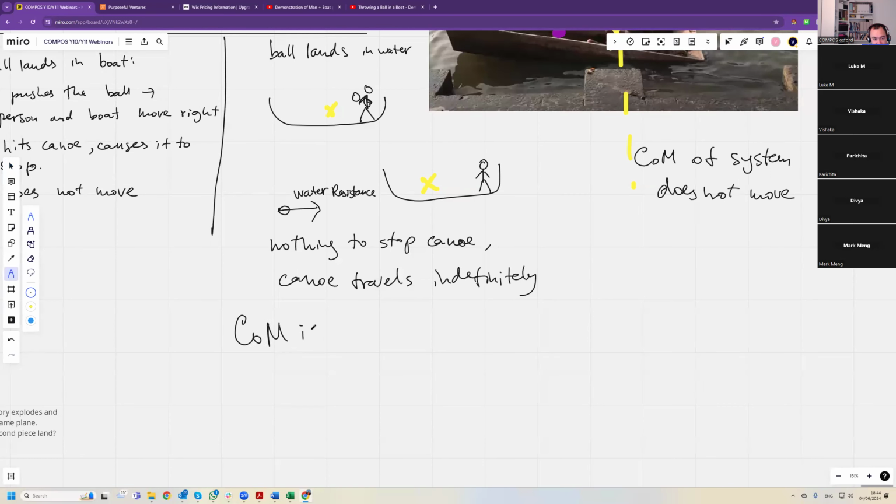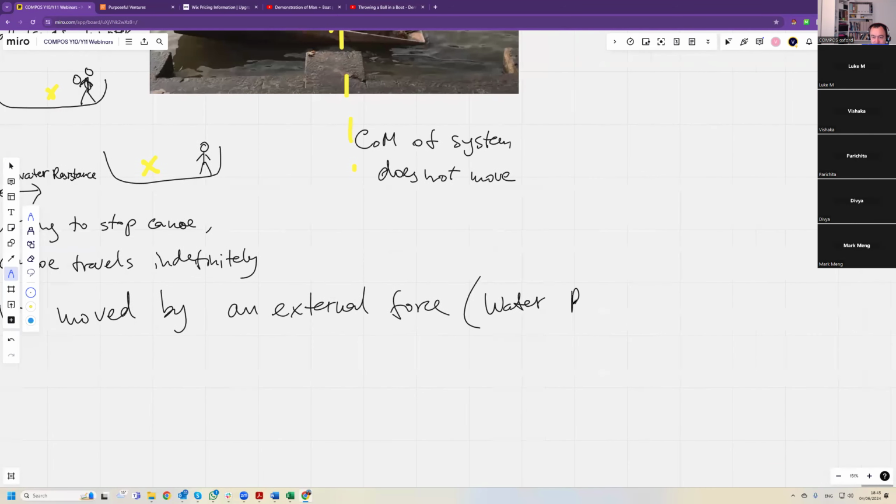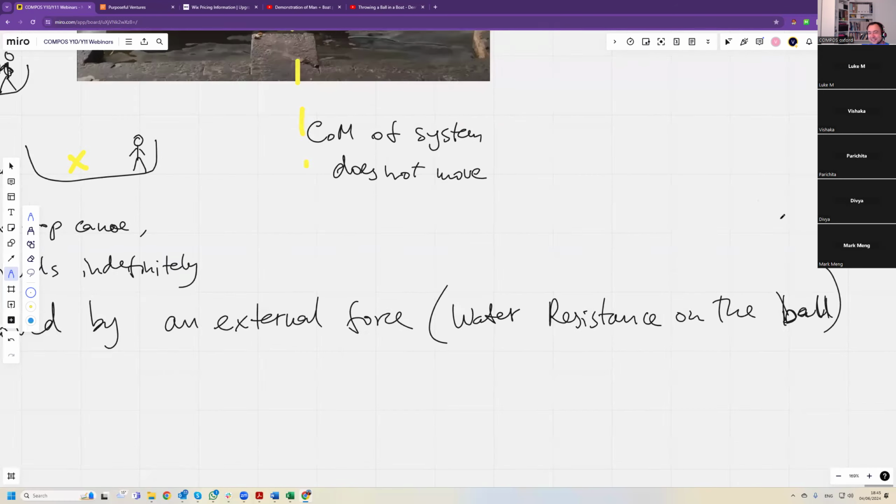Center of mass is moved by an external force, which is the water resistance on the ball, which sounds bizarre, but that's how it is.